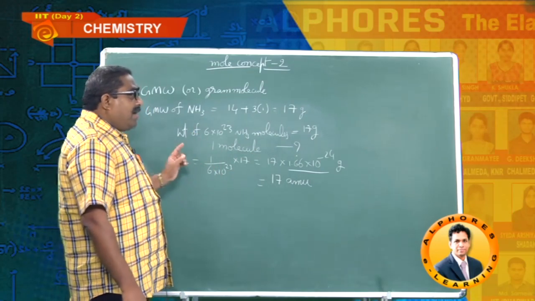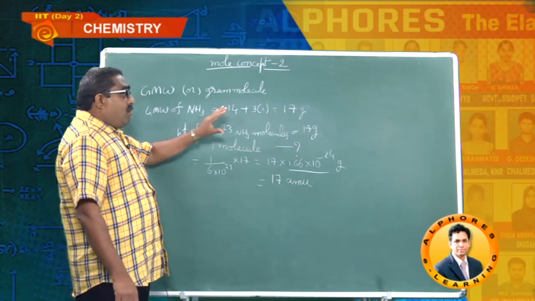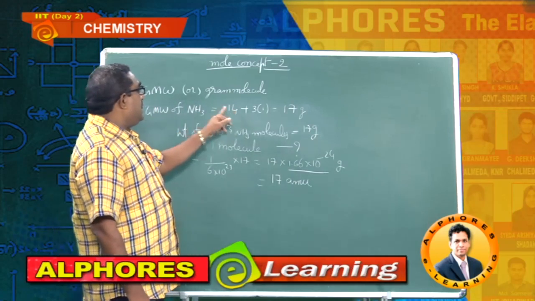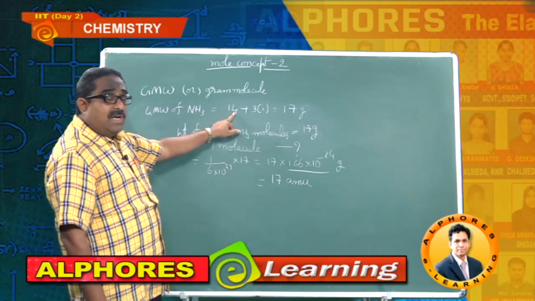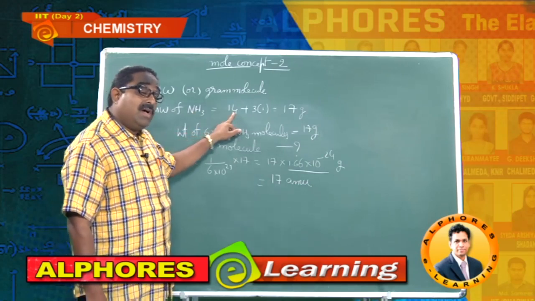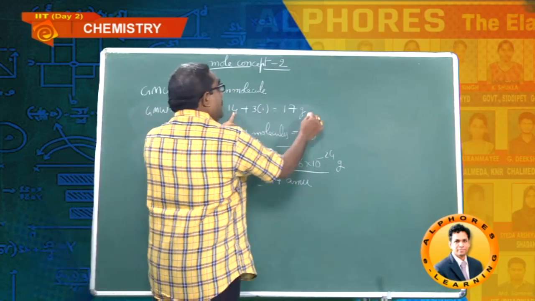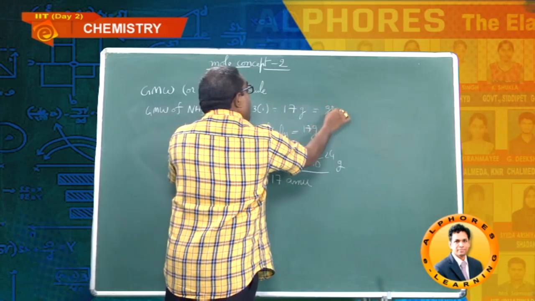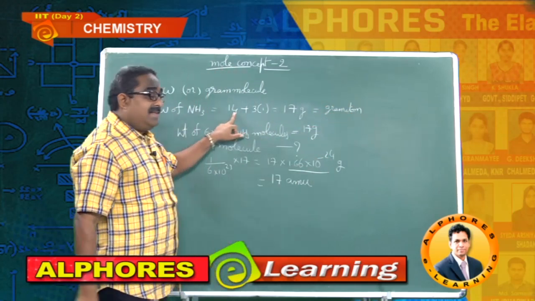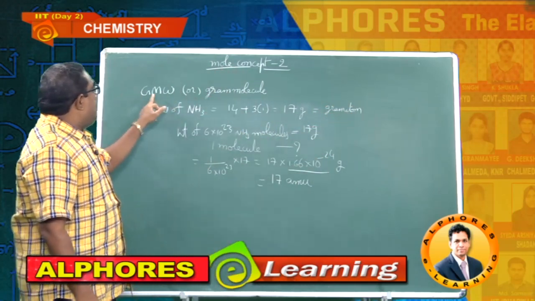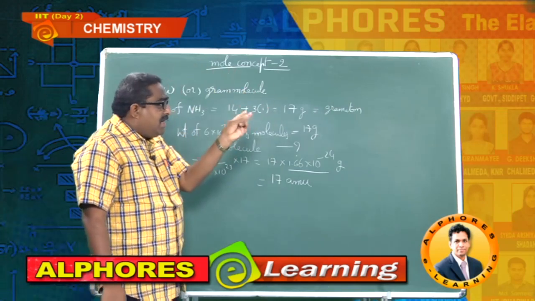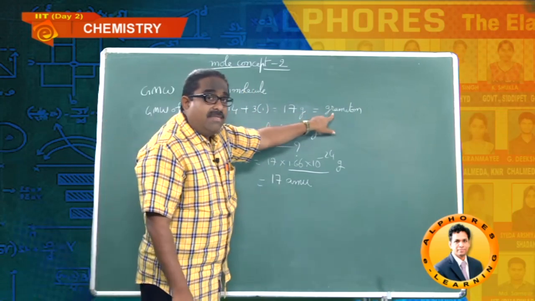Now I am going to discuss one more conceptual approach based on this. Here, what exactly have we written? Instead of nitrogen we have written 14 grams. We know 14 grams is the atomic weight of nitrogen. So gram atomic weight can also be called a gram atom. Both are the same, just like gram molecule is the same as GMW. Similarly, gram atomic weight GAW is the same as gram atom.